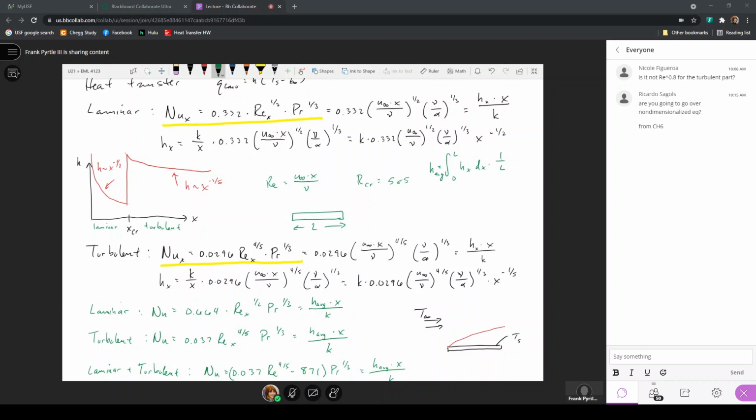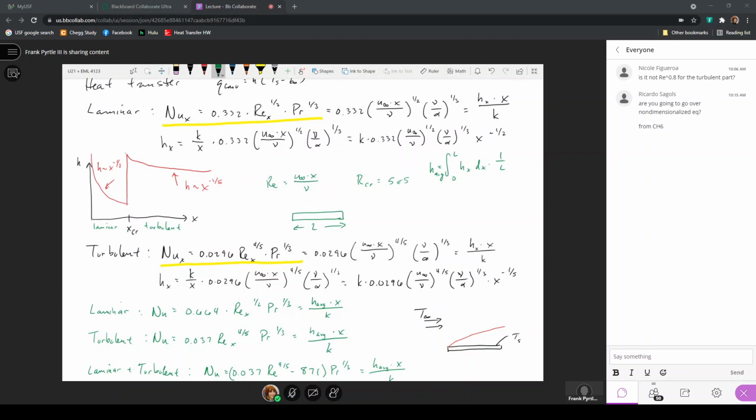If I put this expression in the integral, the only thing that changes with x is x to the minus 1/2, and we'd end up with a value that is twice the heat transfer coefficient evaluated at x equals L.